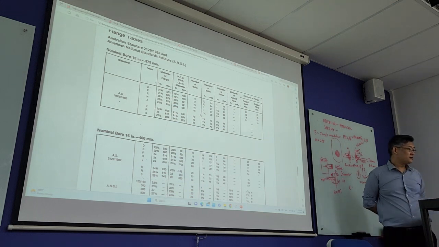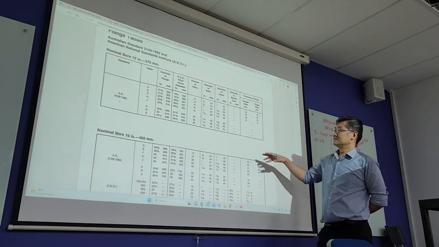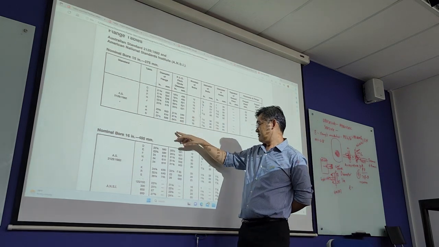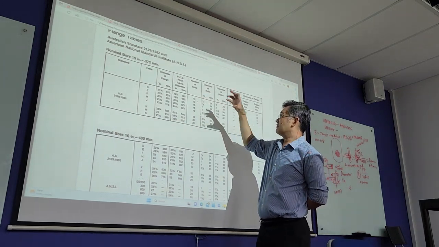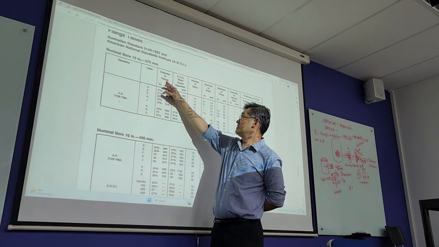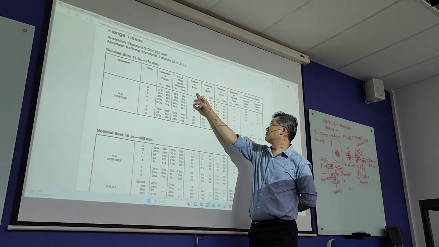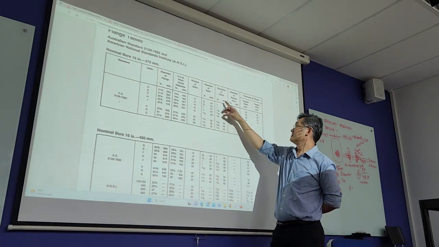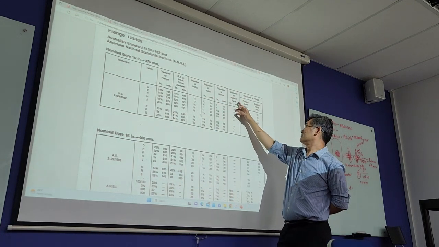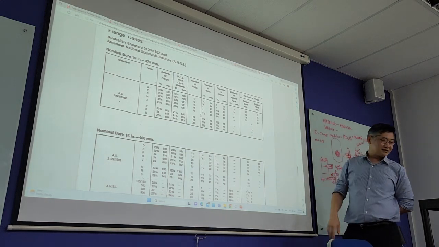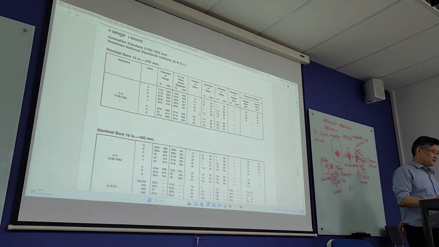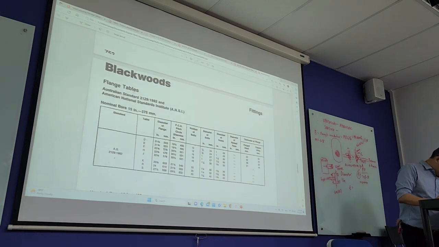So this is where you get your details: how many bolts we use for our cover, and also diameter of the flange, pitch circle diameter, number of bolts, diameter of bolt, diameter of holes. All this is important. So which one do we select? When it comes to the flange, under this, ours is E. Yes.